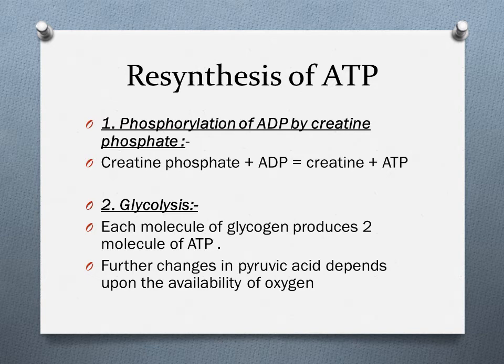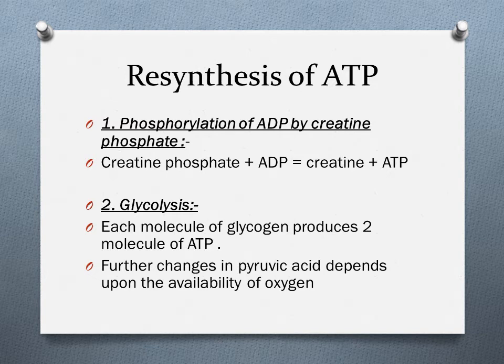Glycolysis: after depletion of creatine phosphate reserve, the next important source of energy, which is used to reconstitute both ATP and phosphocreatine, is glycogen.